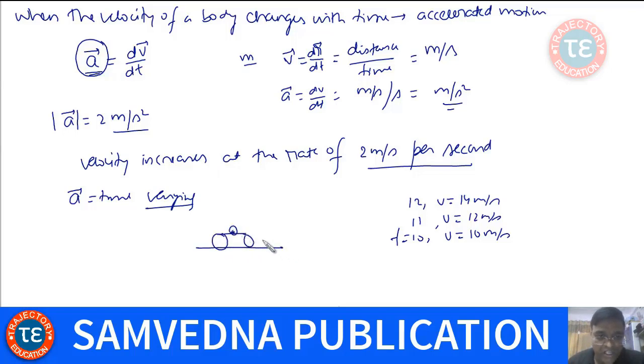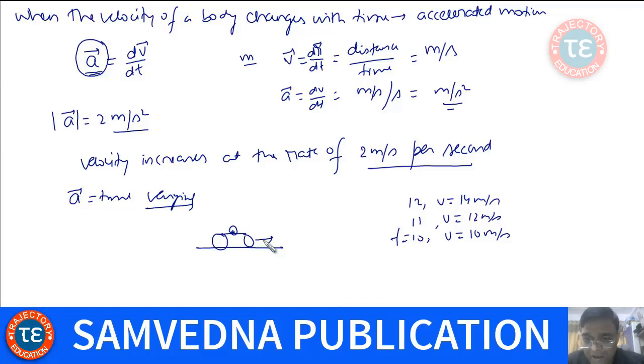So initially you accelerate faster, which means your velocity increases at a rapid rate. But as the time passes on, your acceleration falls.